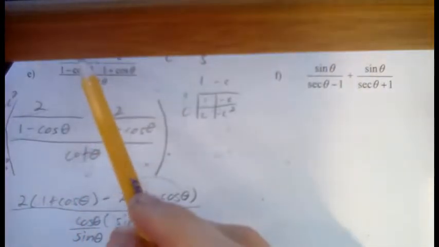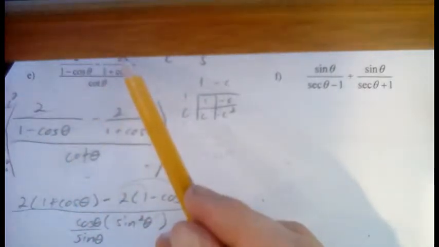Okay, question E has a lot of fractions involved. First thing you'll want to do is bring down this 2 over 1 minus cosine minus 2 over 1 plus cosine. I would keep the cotangent just as it is for now, so you don't have to worry about canceling that out.